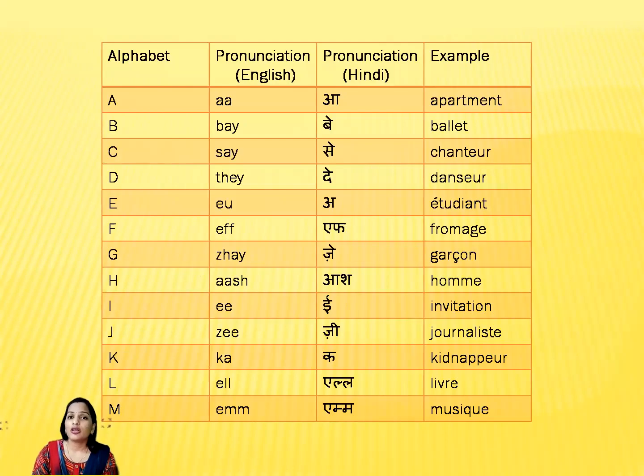Okay. So now we will give a quick recap of what we studied. A, appartement. B, ballet. C, c'est, chanteur. D, des, danseur. E, étudiant. F, fromage.